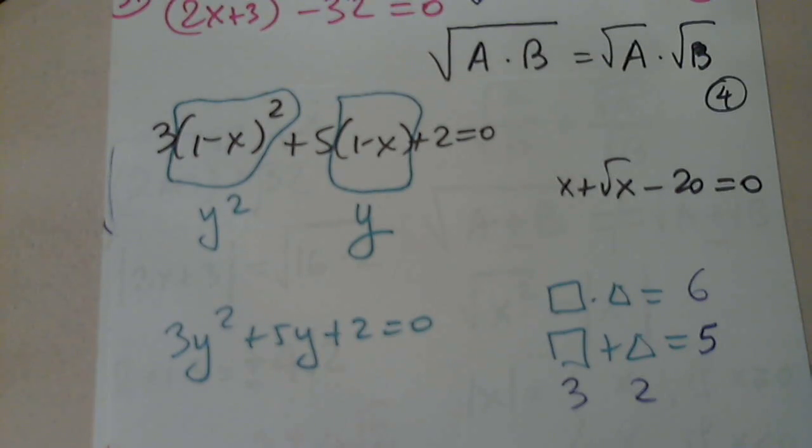And the last coefficient was 2, or the free term we call it. So the leading coefficient, the middle coefficient, and the free term. And we have them in the correct order. All we have to do is click on graph, and we get what we obtained, negative 2/3 and negative 1. But of course, this is not x, but it's y, so we had to solve for x afterwards.